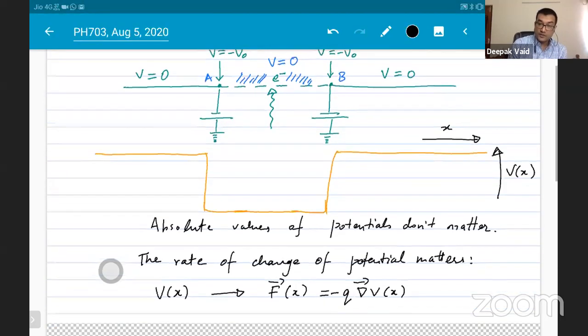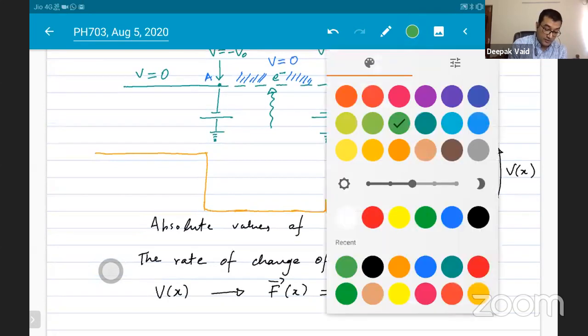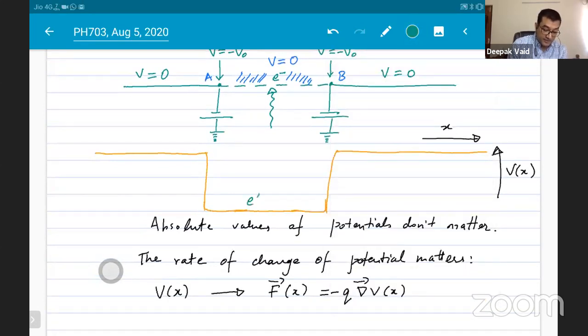Okay. So what happens to this electron? Well, if it is inside this region to begin with, it doesn't feel a force when it is away from the edges, because the potential is flat.